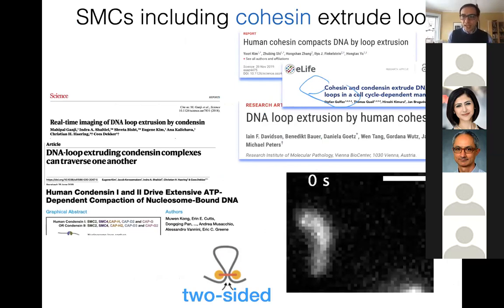And so nobody really has observed stalling of cohesin by CTCF in single molecules. So we don't know whether the speed would go higher. But it does look like generally one-sided extrusion is faster than two-sided. So I wouldn't be surprised if stalling a motor would accelerate its reeling speed. It's a great question. We don't know. But single molecule experiments will tell us.